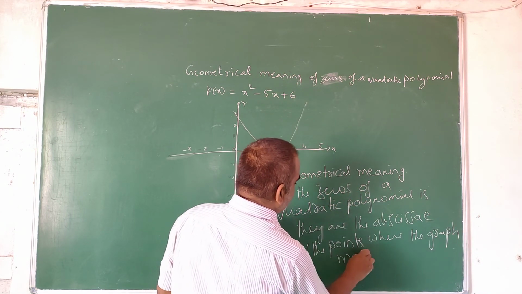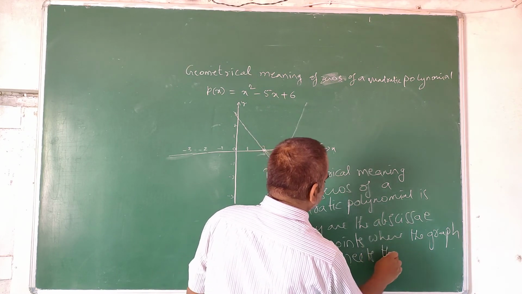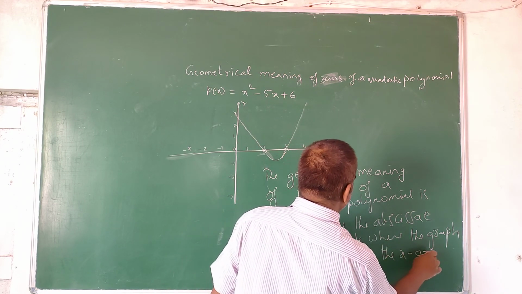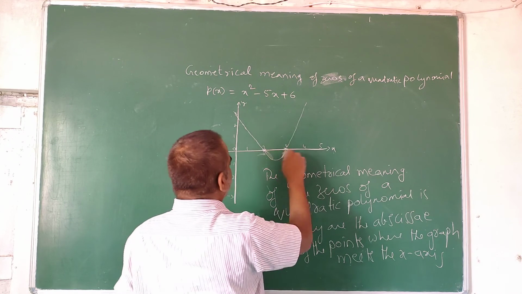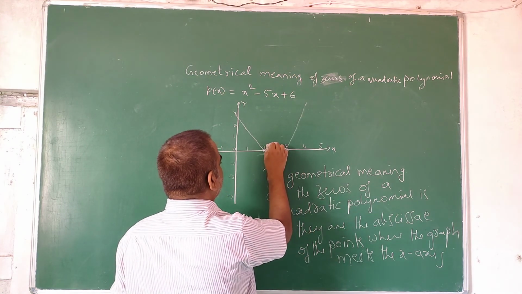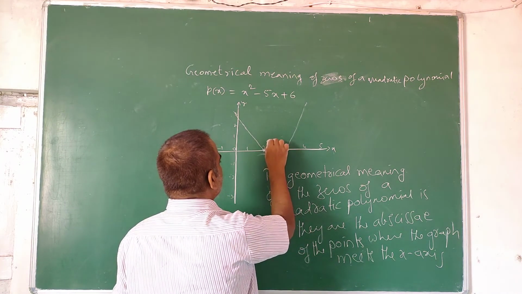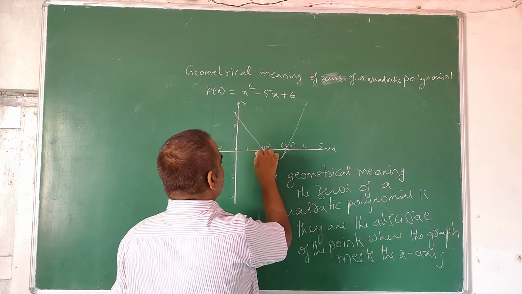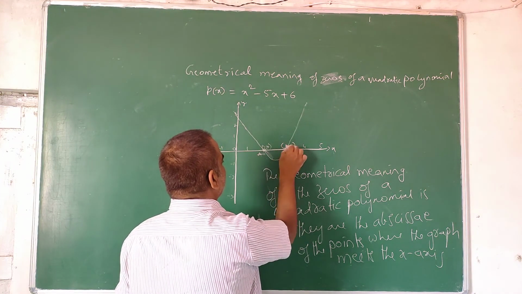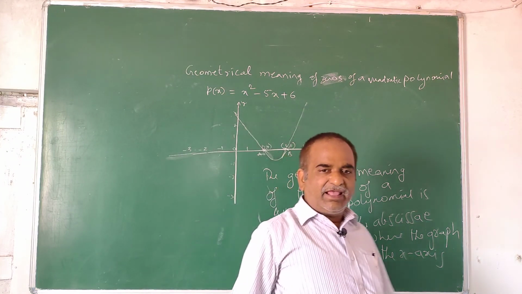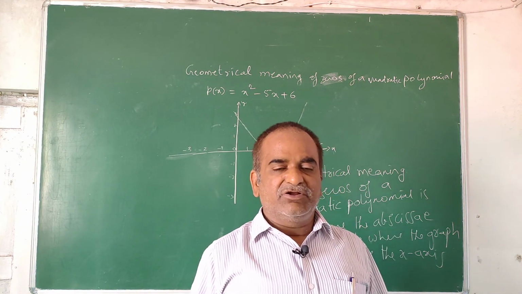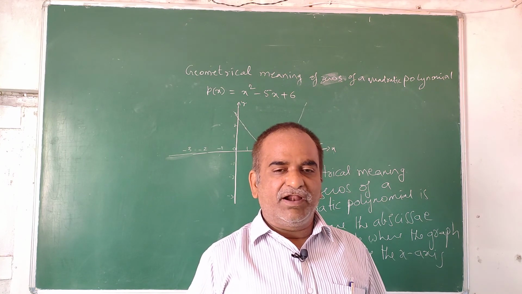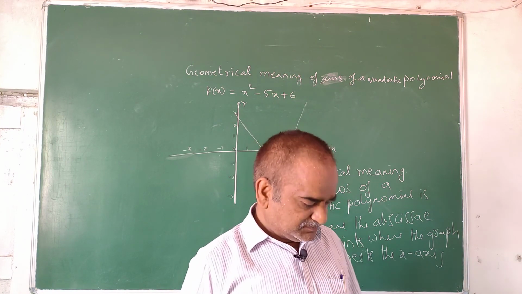See here, this graph is meeting the x-axis at the points (2, 0) and (3, 0). So at these points, the abscissae are 2 and 3. These abscissae are the zeros of the quadratic polynomial. Understood?